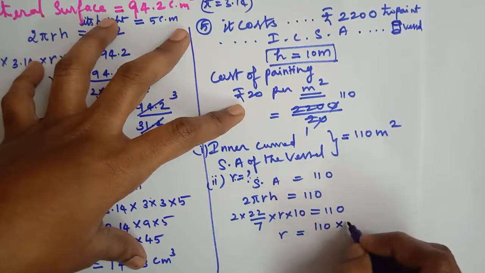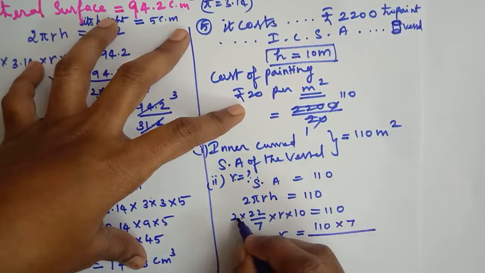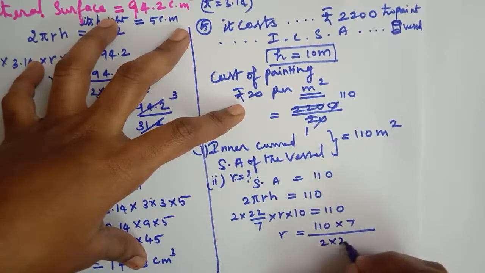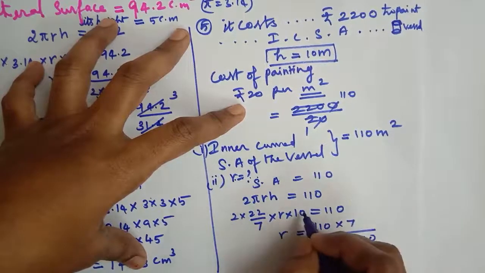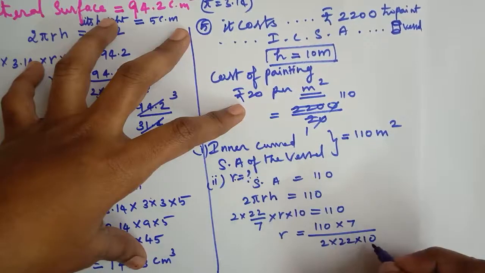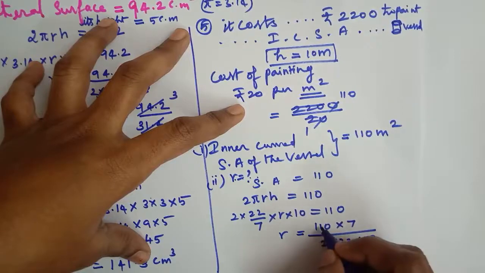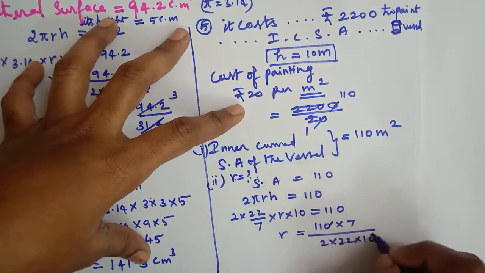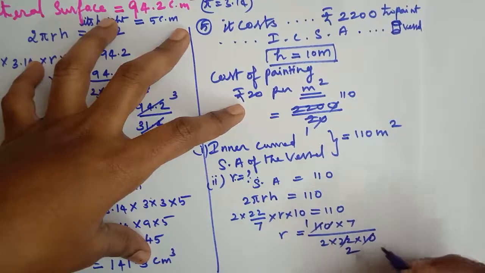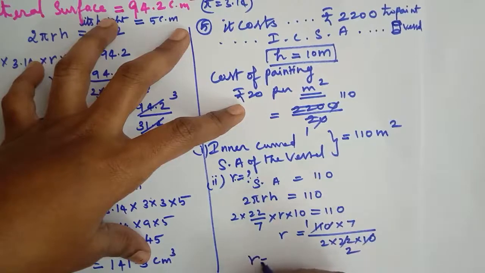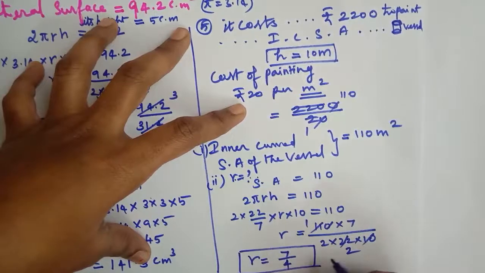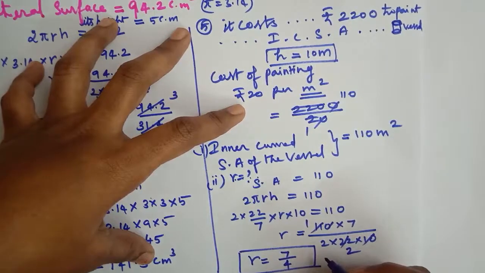So 110 into 7 divided by 2 into 22 into 10. These are numerators; if they move to the right hand side, they become the denominator. Just cancel it. So r is equal to 7 by 4. Is it clear? 7 by 4.